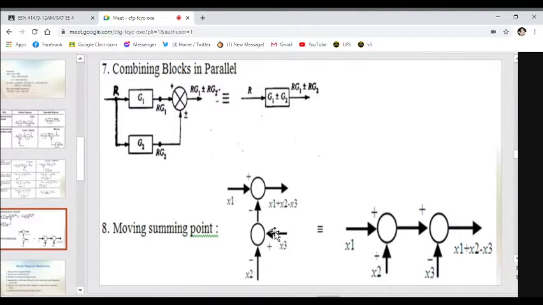Okay? So, itong block na to, nilipat mo dito sa taas. Okay? So, that is moving a summing point. So, we can now manipulate some of the block diagrams using these conditions, no? Or algebra. Ang tawag nila dito ay block diagram algebra. Okay.